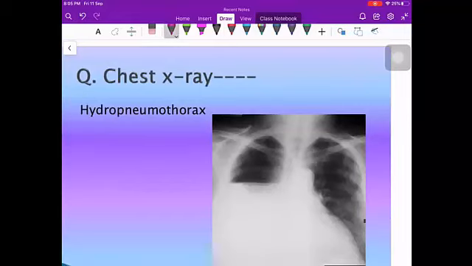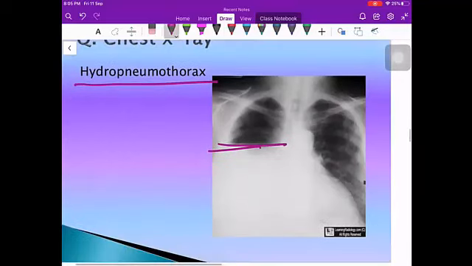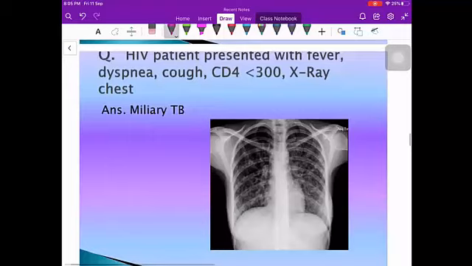Next, a chest X-ray of a patient was done, and this image showed hydropneumothorax. Then there was a case given, an HIV-positive patient presented with fever, dyspnea, cough, CD4 counts less than 300, X-ray chest was done.